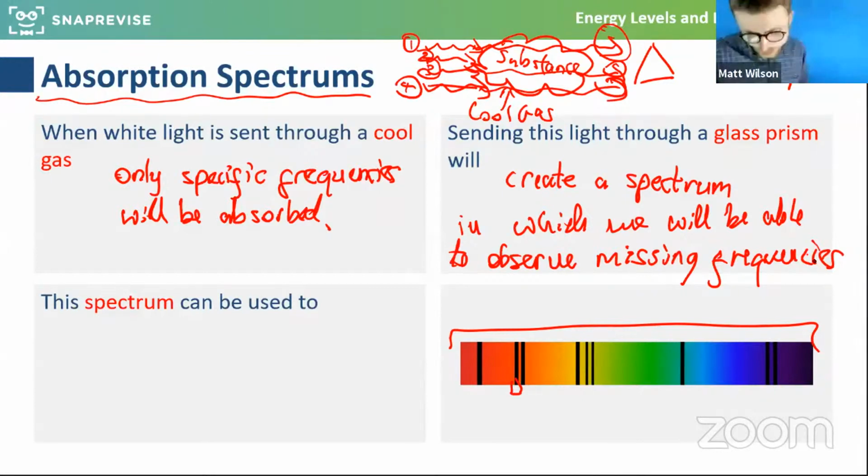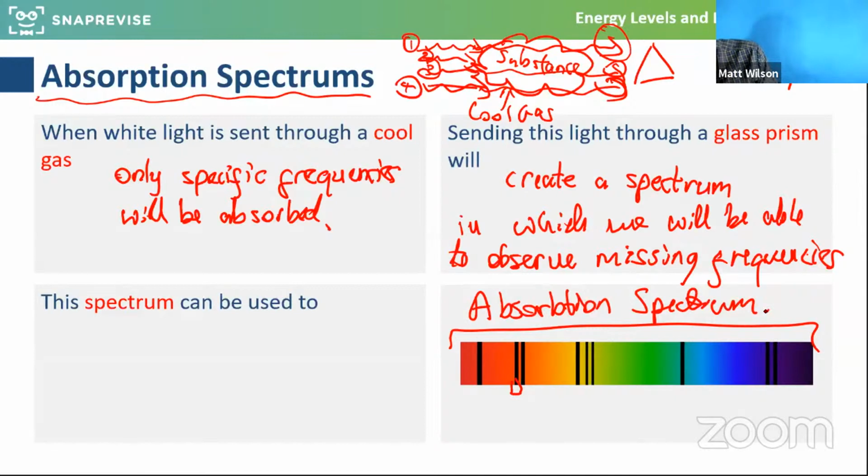And that's exactly what we see here at the bottom. So what we're seeing here at the bottom is what we would get if we put white light through a substance and then spread it out with a prism. We get an absorption spectrum, which is a spectrum with some missing frequencies, which tell us what the energy gaps in the atoms must be.